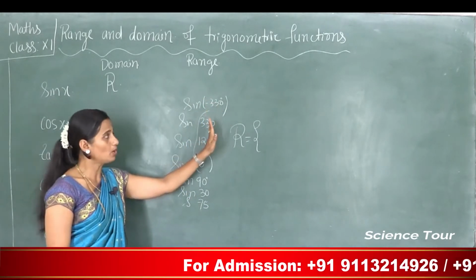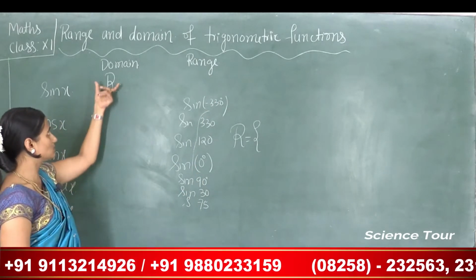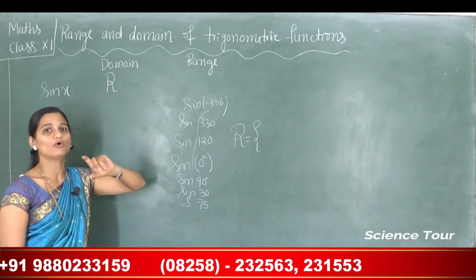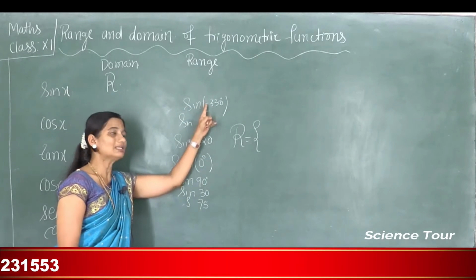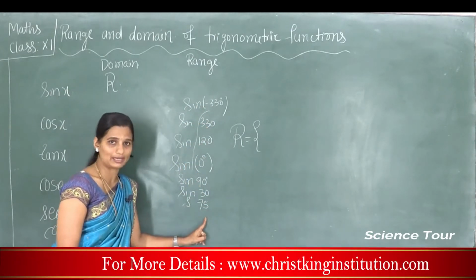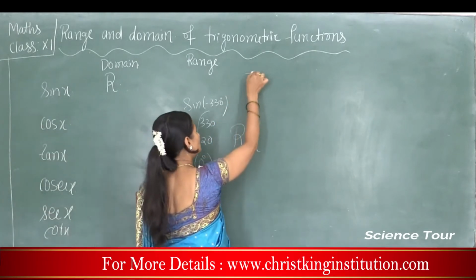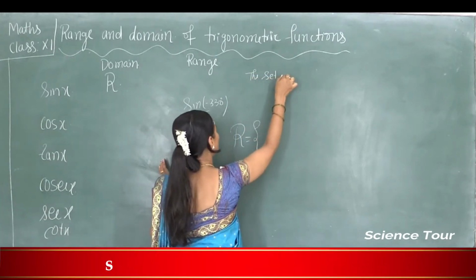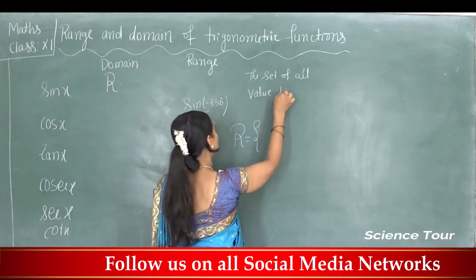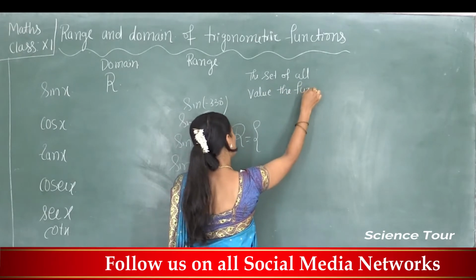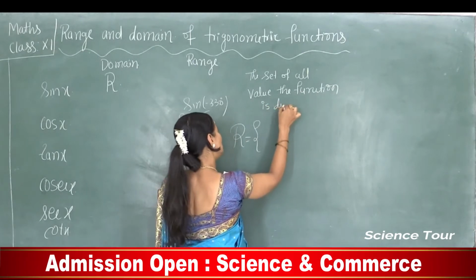Degree or radian, both are applicable here. So the domain is the set of all values where the function is defined.